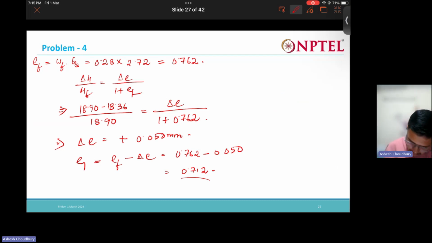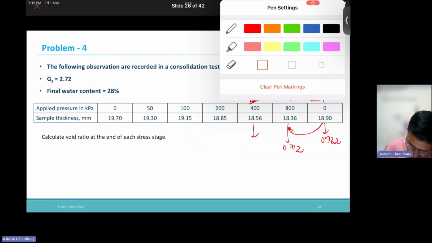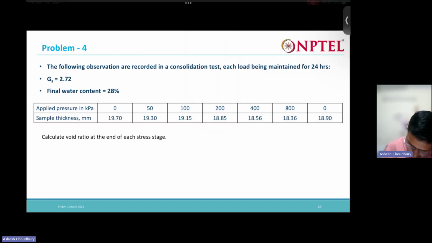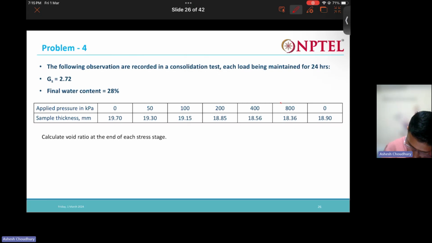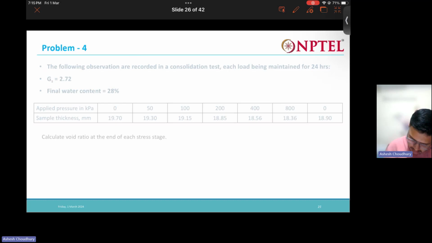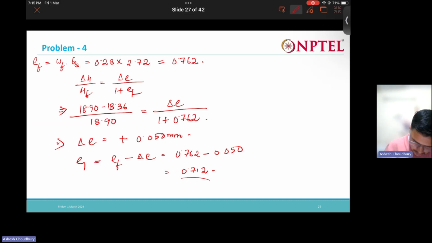See, what we need to do is that we need to take these two only. So if we take these two, 18.36 minus 18.56.